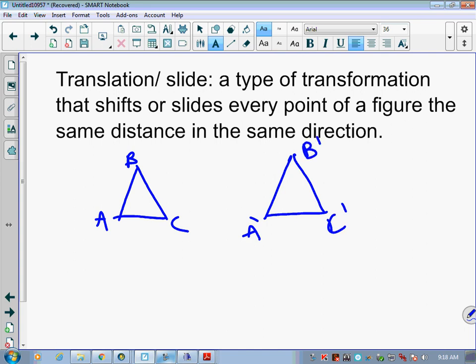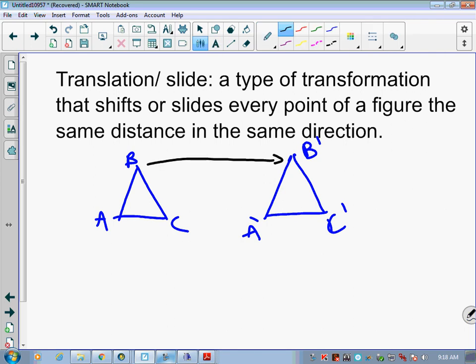Once I know what that distance is, I'm going to move everything the same distance. So let's say I'm moving it 10 to the right. Everything moves 10 to the right. And if I'm moving 10 to the right and 5 up, every point goes 10 to the right and 5 up, from where it started.